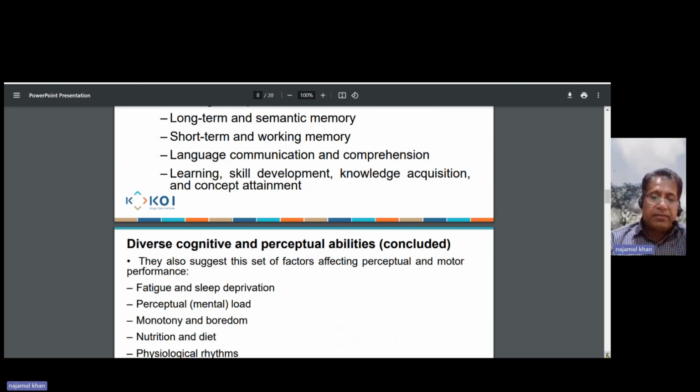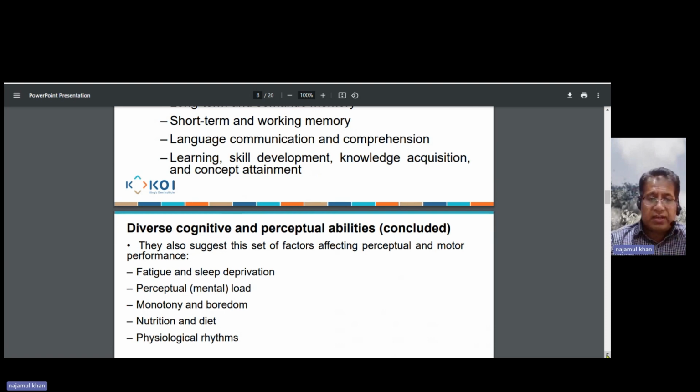Some of the key factors they have mentioned here affect perceptual and motor performance. We're talking about fatigue, sleep deprivation, perceptual mental load, monotony and boredom, nutrition and diet, and physiological rhythms. As you can see, a few of them are very noticeable.